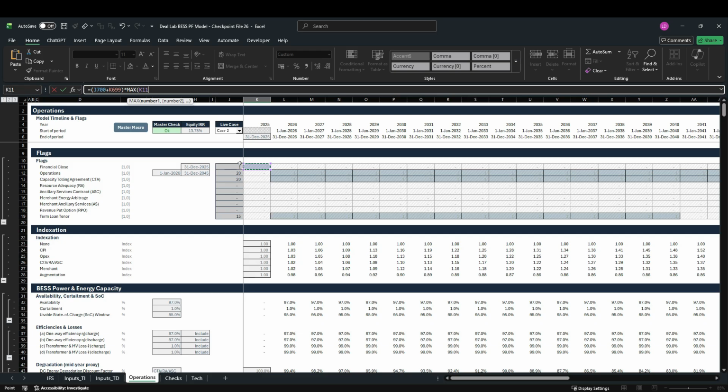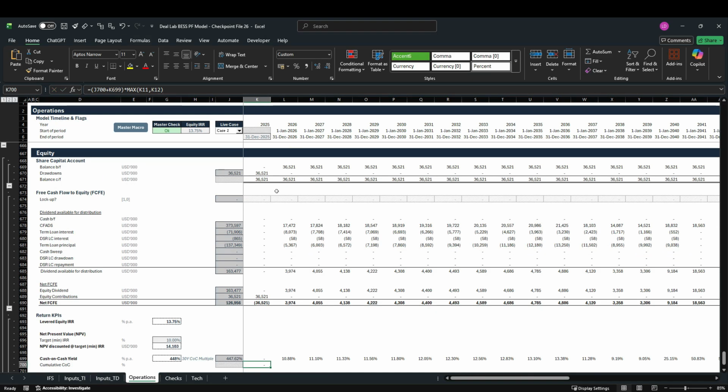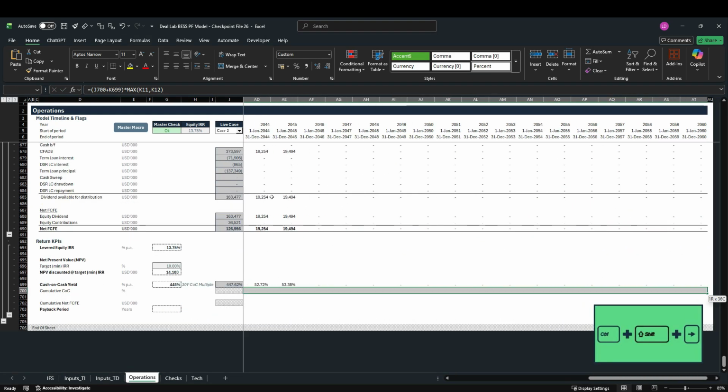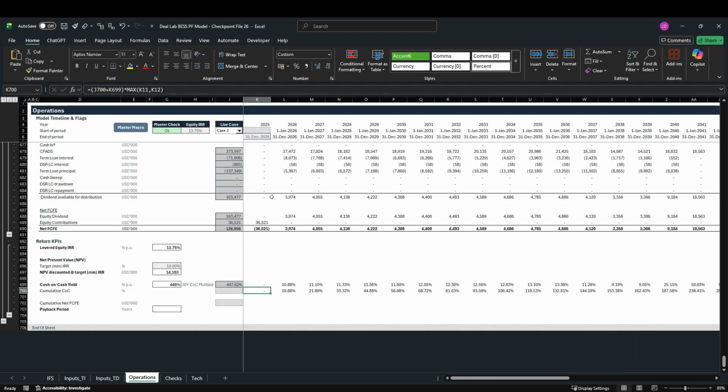So our financial close flag is up here. And then we will also pick up our operations flag. Close this, hit enter, and let's drag this one over, Control R. So now you can see how long it takes to get $1 back. So in year 2034, we would get $1 back on each dollar invested.